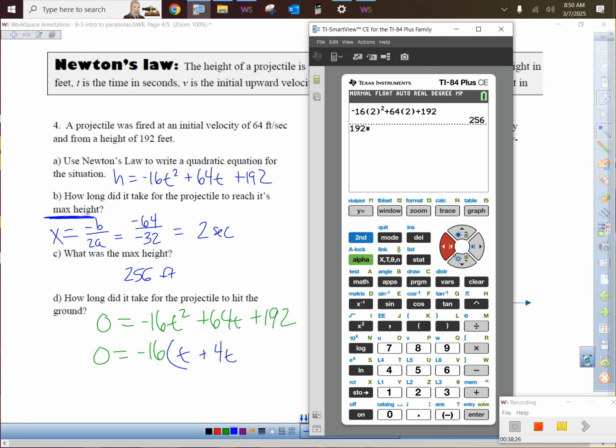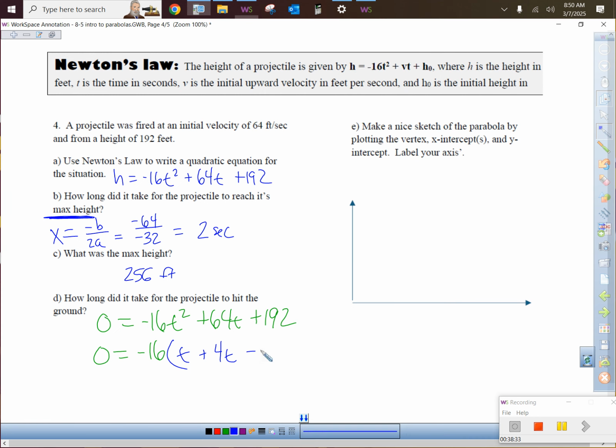192 divided by negative 16, negative 12. Need a squared on that. And then that is easily factorable. It's negative 4. My bad, should be a negative 4. Correct? Minus 4t. Yes. Cool.